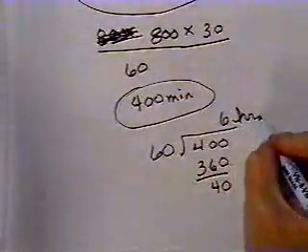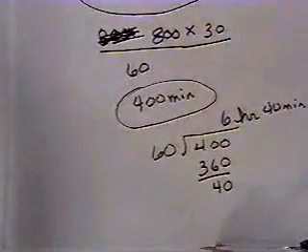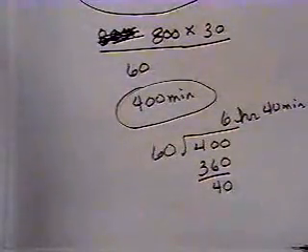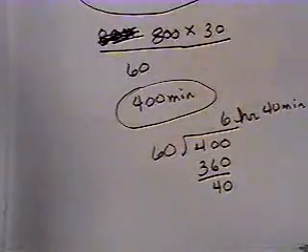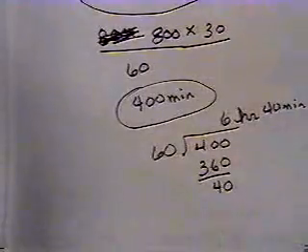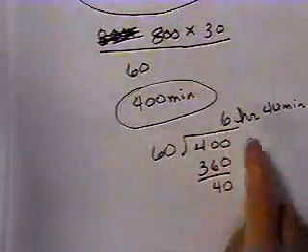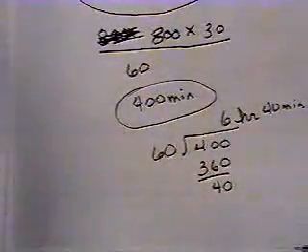So it's 6 hours and 40 minutes. If you do it on your calculator, people aren't going to know how much 6.666 hours is, so we have to tell it to them in hours and minutes. We divide by 60 and see what's left over, and what's left over is the minutes.